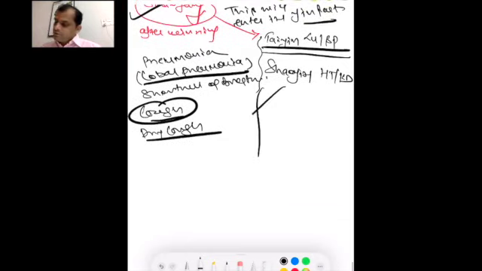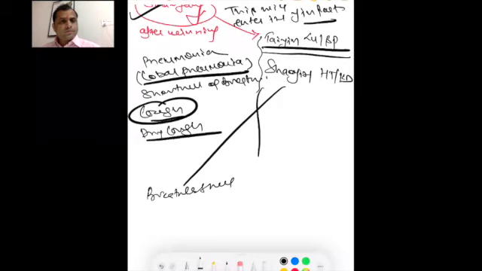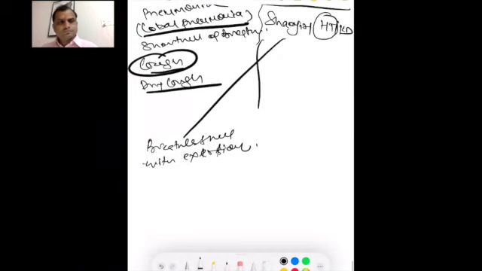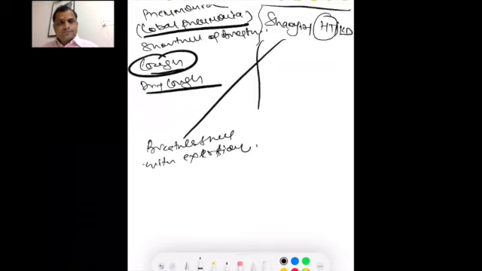Then the person will suffer with more breathlessness, because the heart is connected with exertional dyspnea, meaning as soon as you do a little work you get breathing difficulty. So we call it breathlessness with exertion. And also because of the kidney, the person will have pain in multiple bones.